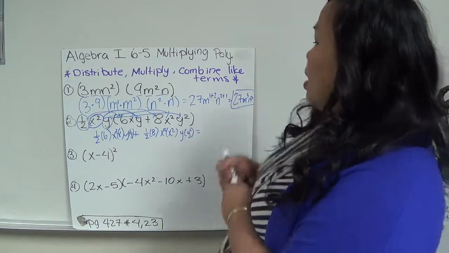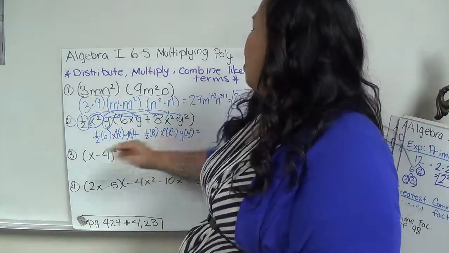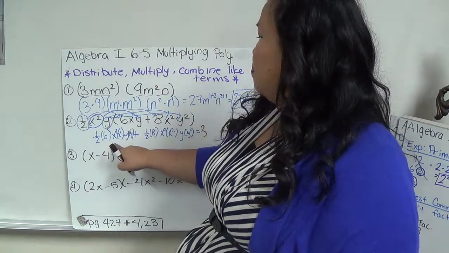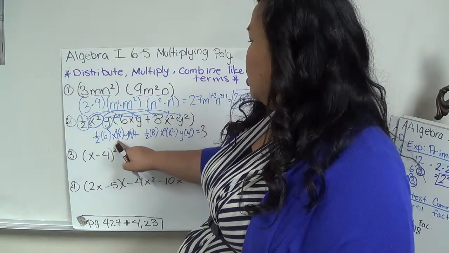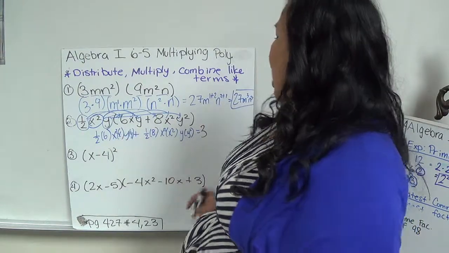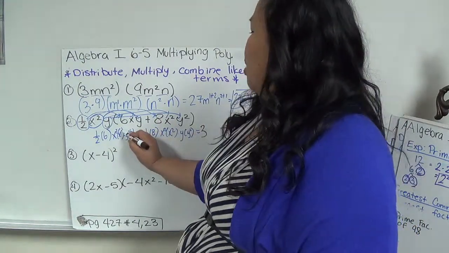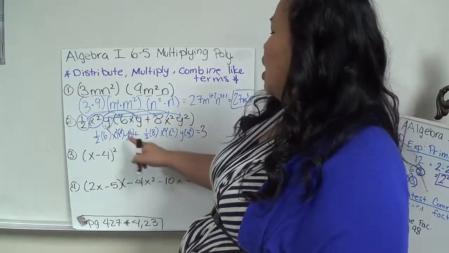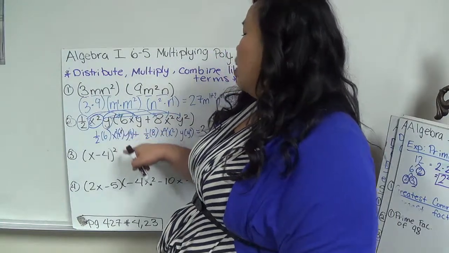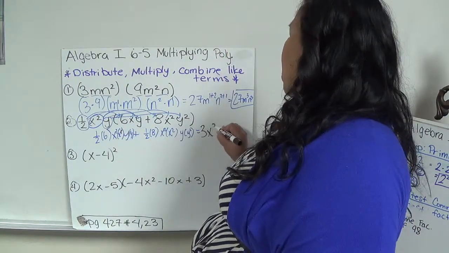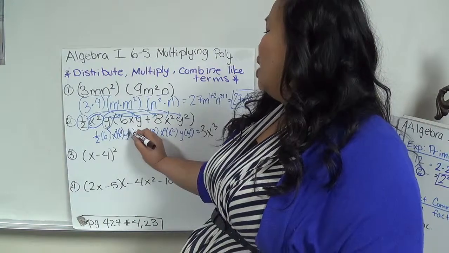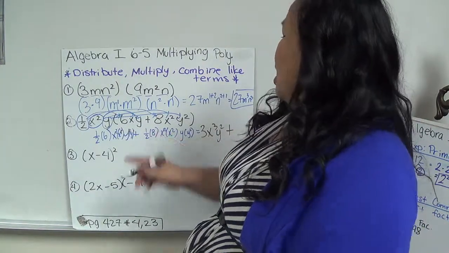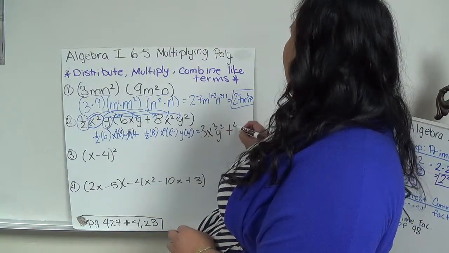So from here, I end up with 1/2 times 6, which is 3, and then x squared times x to the 1, so I add the exponents, which gives x to the third. The y's both have 1, so I end up with y squared, plus 8 times 1/2 is 4.